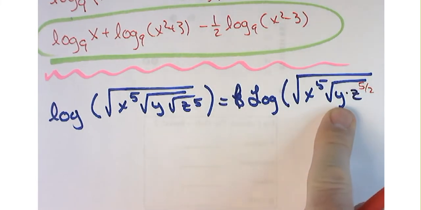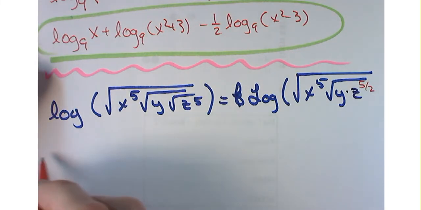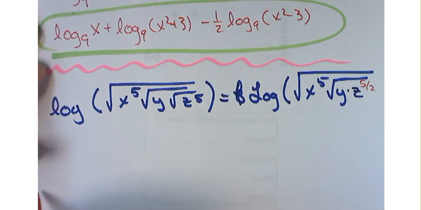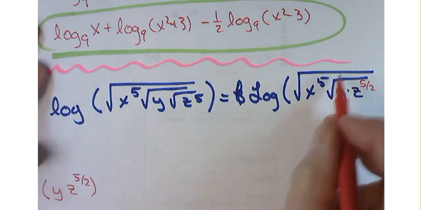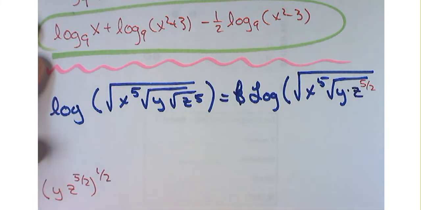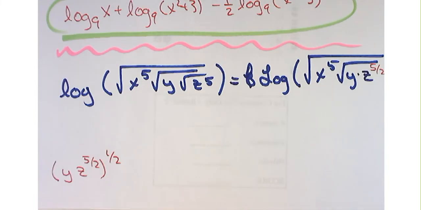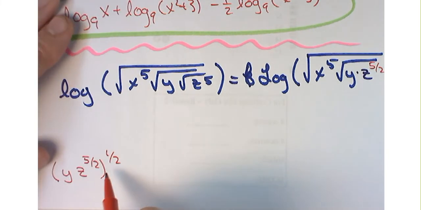And now I'm going to play that same game with this term right here. I've got y times z to the 5 halves, and I'm taking the square root of all of that. So that kind of puts a 1/2 out in front, or 1/2 is an exponent.